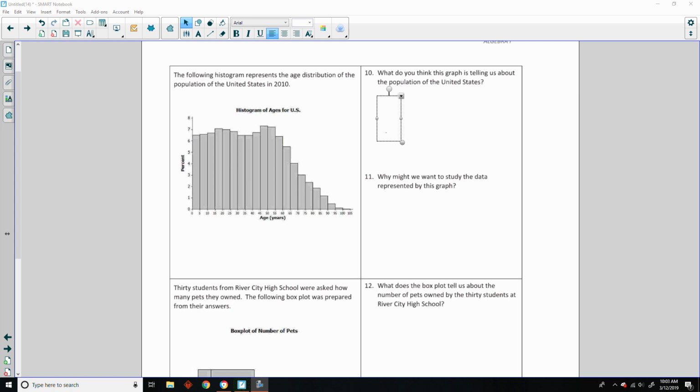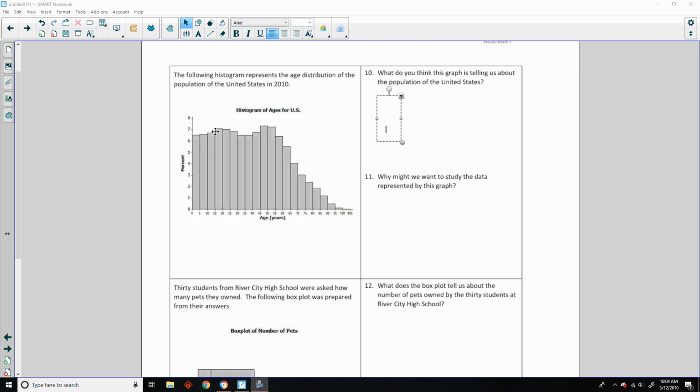Okay, the following histogram represents the age distribution of the population of the United States. Looking at this graph, it is fairly steady. The percent of the age distribution between the ages of 0 and 5 is about 6.5%. 5 to 10 is about 6.5%, and maybe a little more. 15 to 20 is still around 6.6%. 20 to 25 is around 7%.